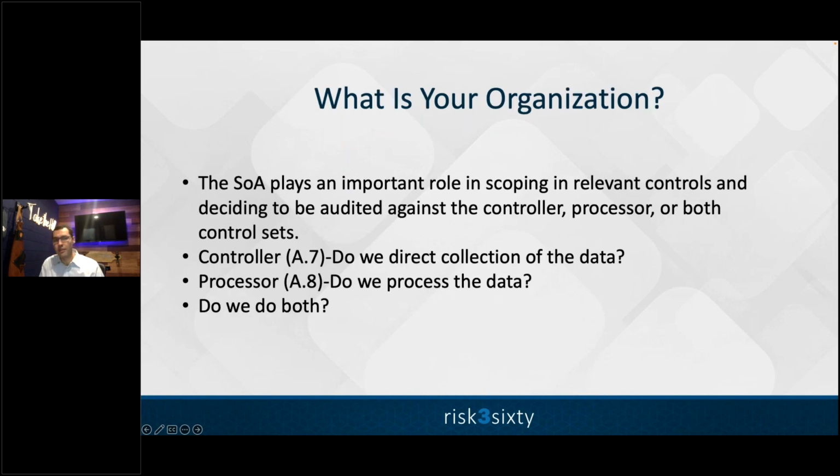All right, so the next component of getting ready is understanding the role of your organization in the processing ecosystem. The SOA, or Statement of Applicability, is really where this begins. The Statement of Applicability can be a little confusing if you're new to ISO, but it's where you actually take results of your risk assessment and define the controls that you need to put in place to adequately address those risks.